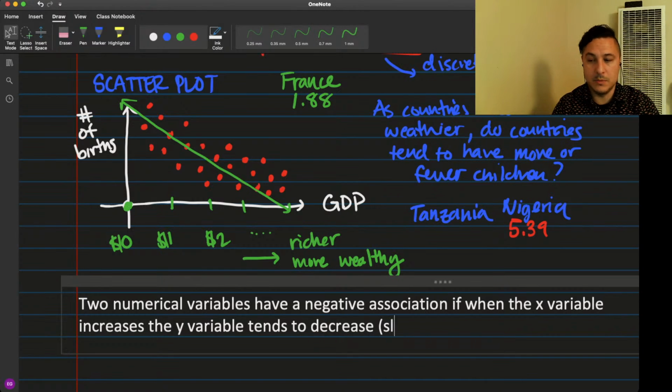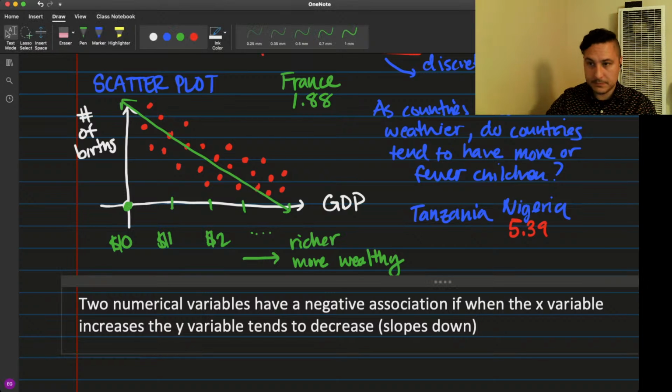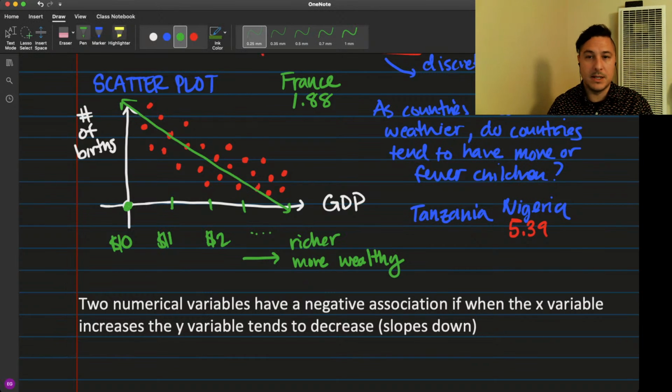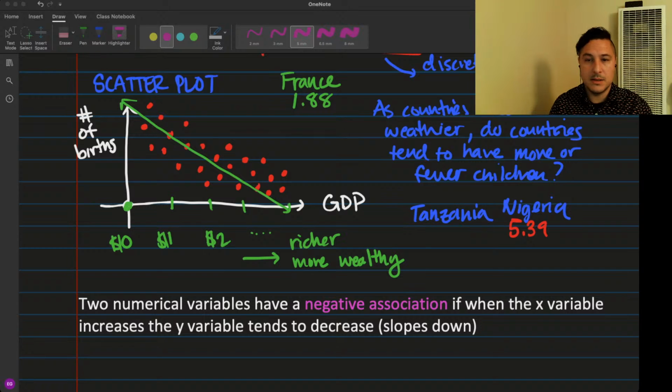In other words, it slopes down. Okay, so we would call this a negative association. So the key term here is negative association, which I will highlight in magenta. Okay. So that's a negative association.